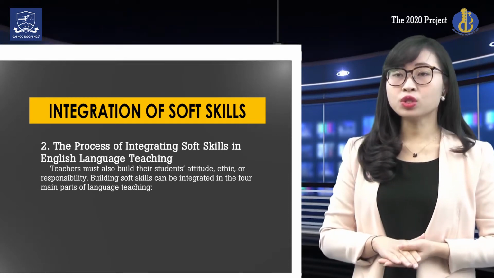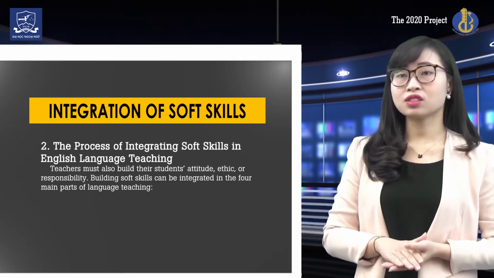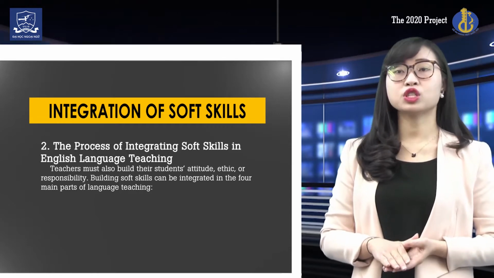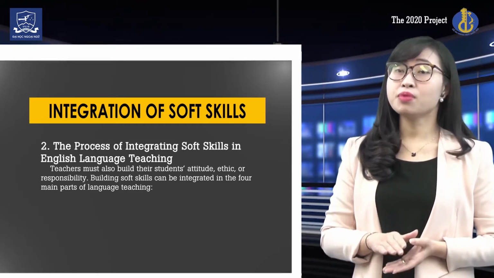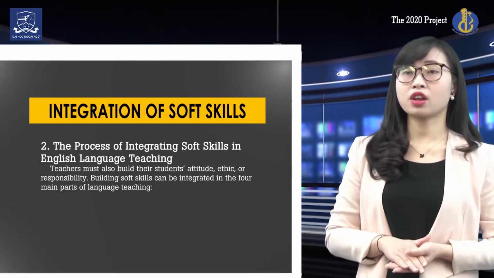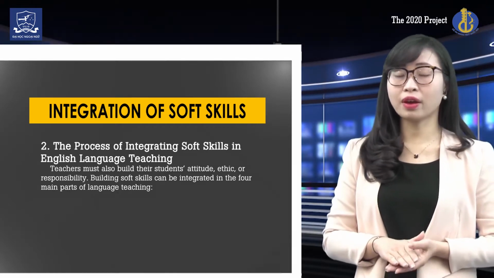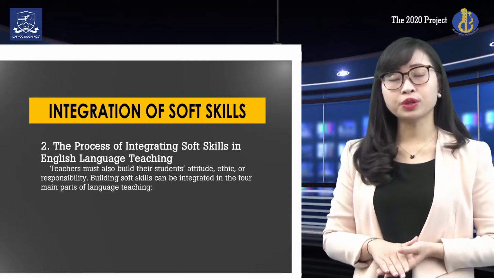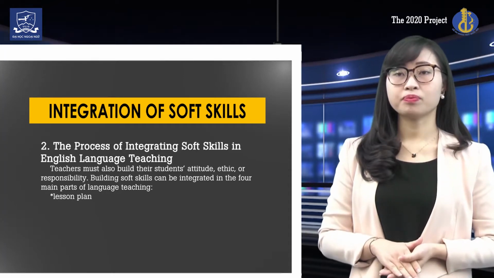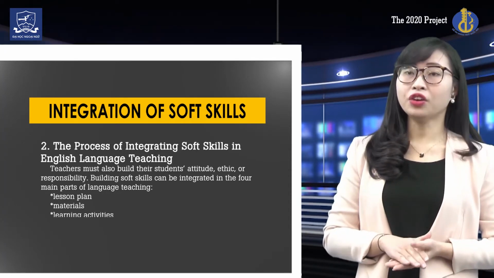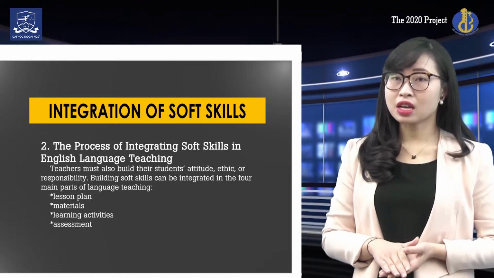Teachers must also build their students' attitude, ethic, or responsibility. Building soft skills can be integrated in the 4 main parts of language teaching, including lesson plan, materials, learning activities, and assessment.